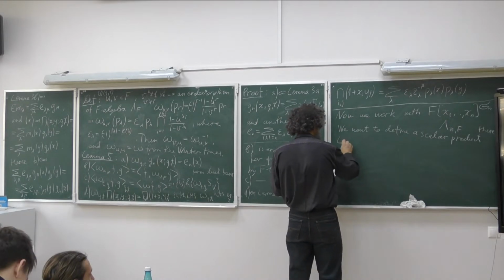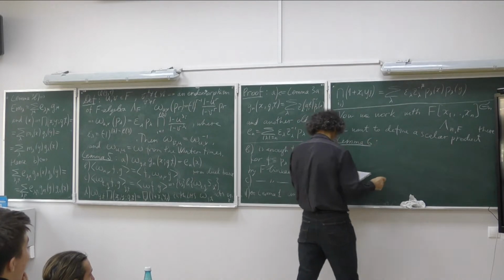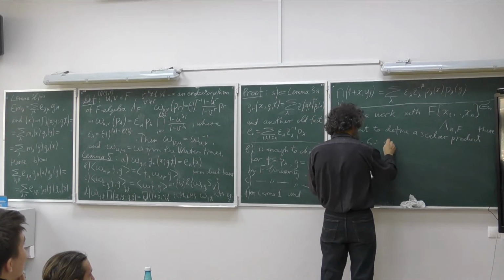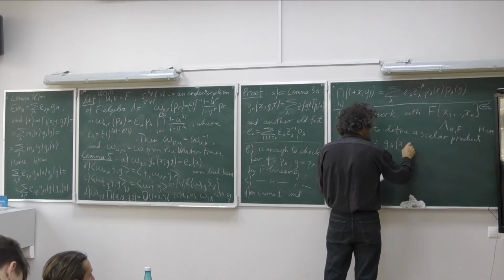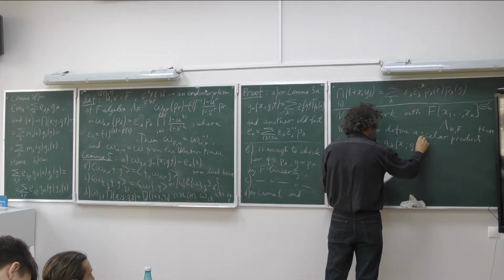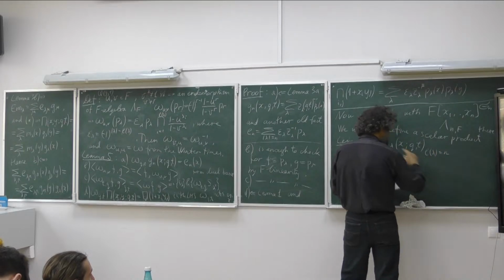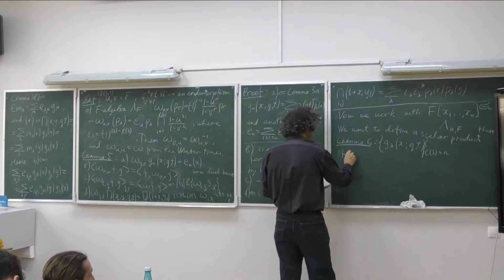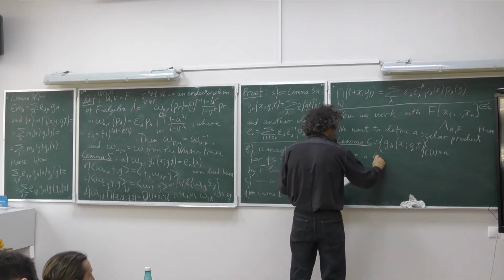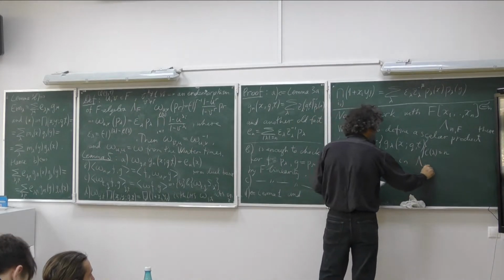So lemma 6 says that g_lambda(x; q, t), but not all of them, only those where the length of lambda is at most n, form a basis in Lambda_n.